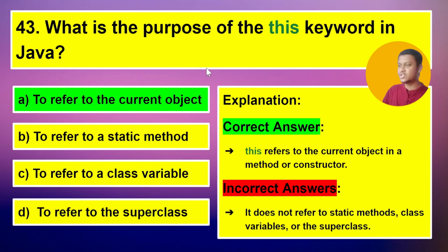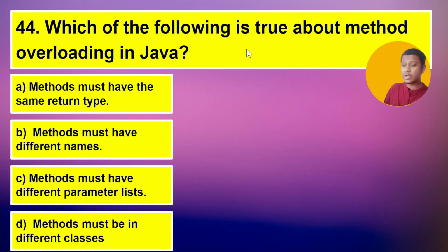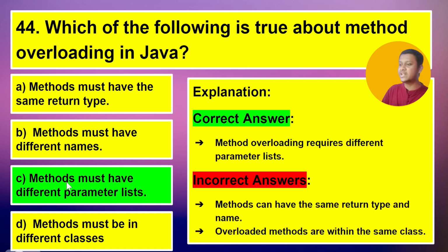Let's jump to our next question. Which of the following is true about method overloading in Java? Option A, methods must have the same return type. Methods have different names. Methods must have different parameter lists. Methods must be in different classes. So here the correct answer will be methods must have different parameter lists.